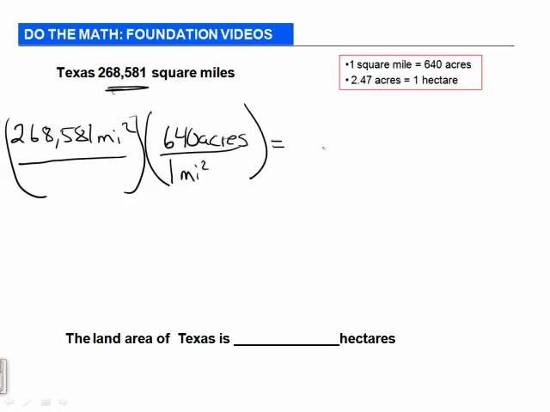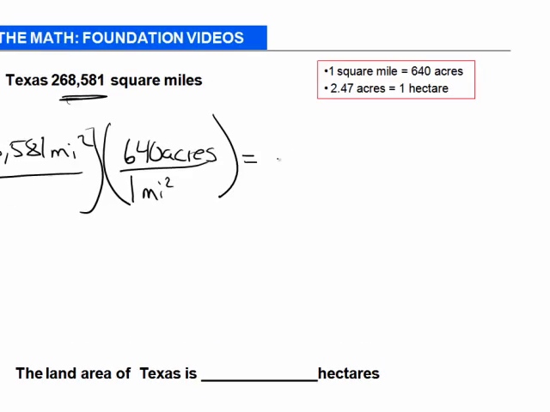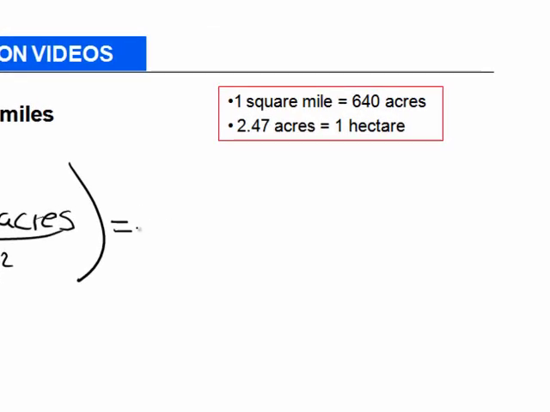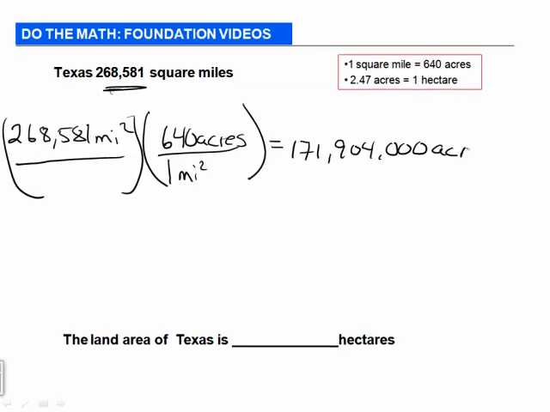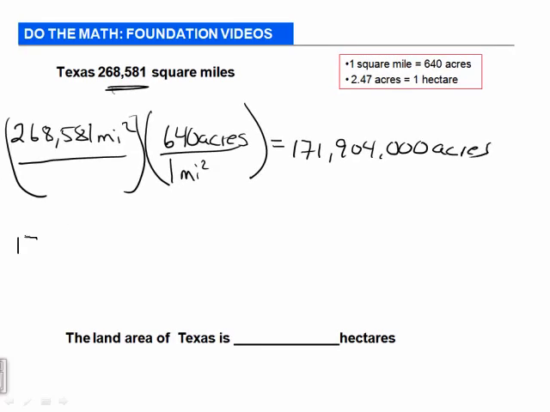Multiply those two numbers together, and I get a really big number, 171,904,000 acres. I then take that number, 171,904,000 acres.